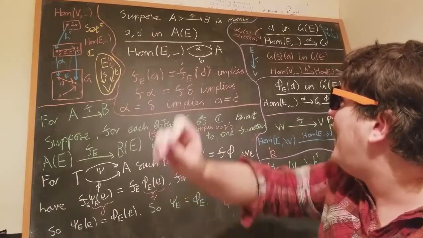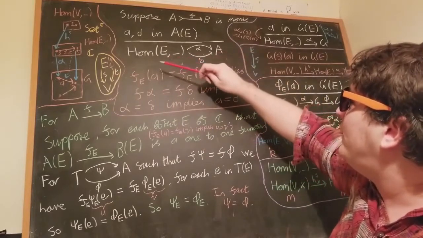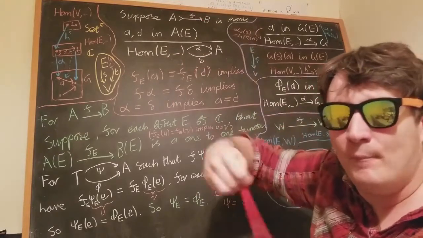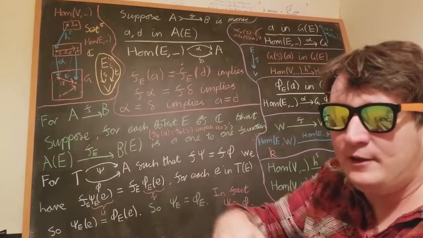So now the thing is that we want to show that this f here, we want to show that each of its components is one-to-one. So let's consider the eth component.